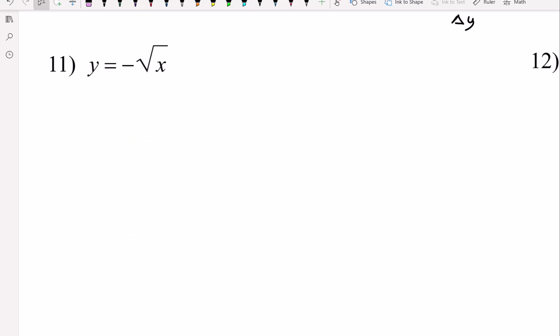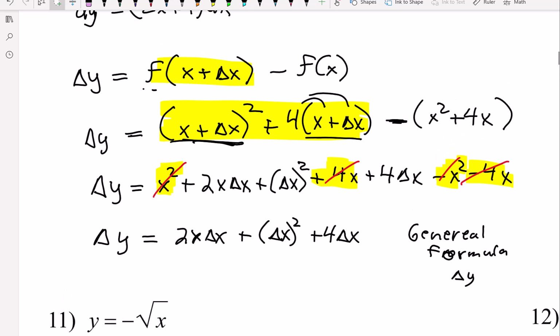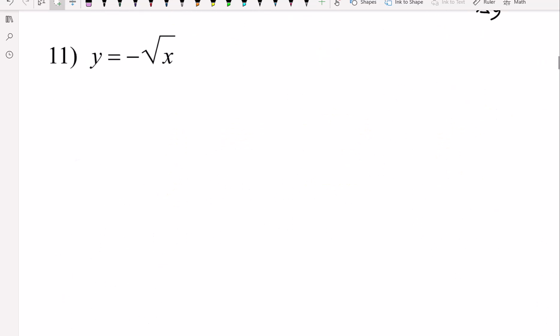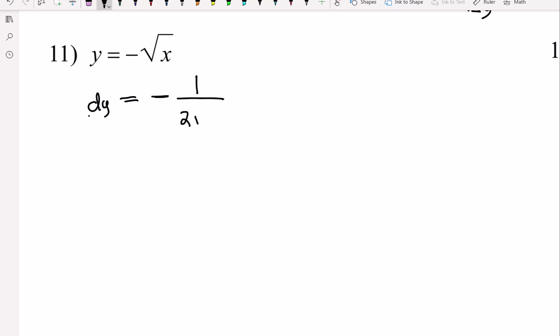Okay, up above we already figured out what this is, so I'm not going to rework that because we did that up there. You can look at the above sheet. I'm going to let us just tack that on. So this is going to be negative 1 over 2 times root x, dx. Now remember, for delta y, you use the original.